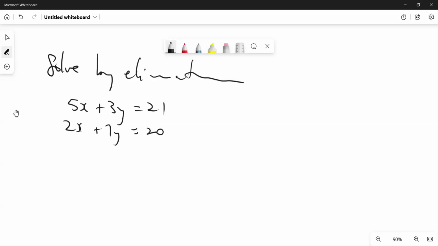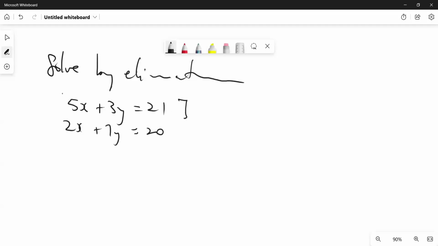So good. To do that, there's a neat trick that works for any pair of equations. If you want to eliminate y, this is what you do.